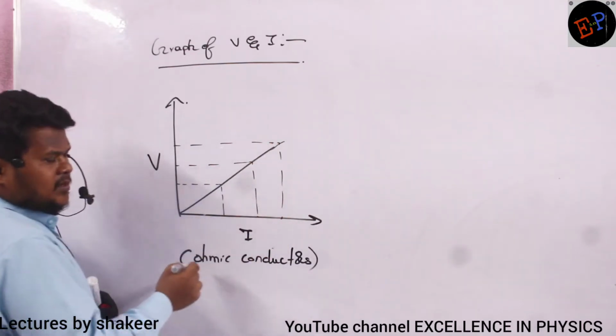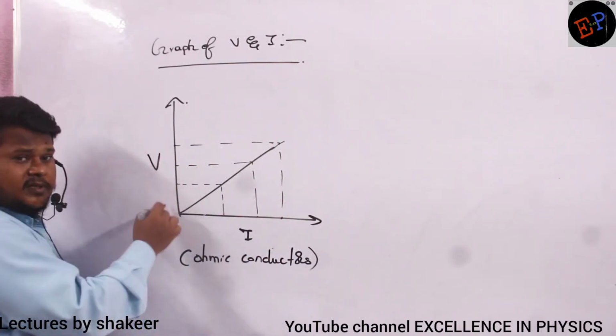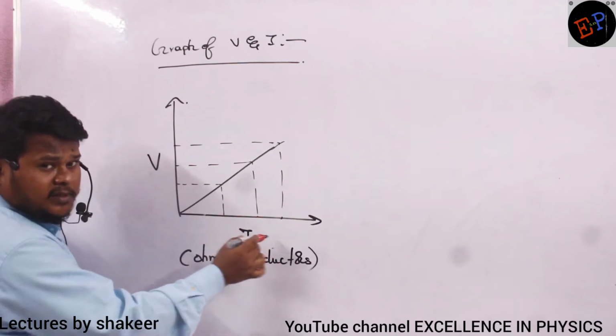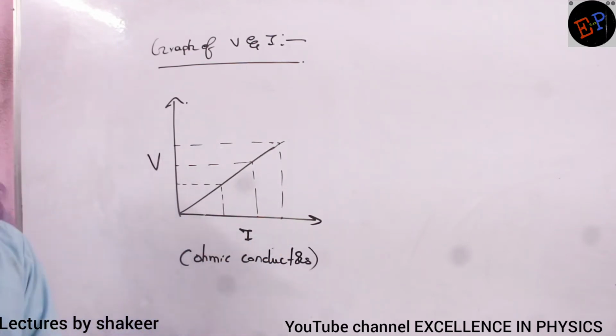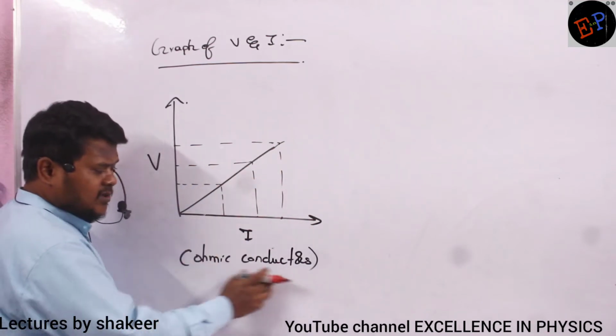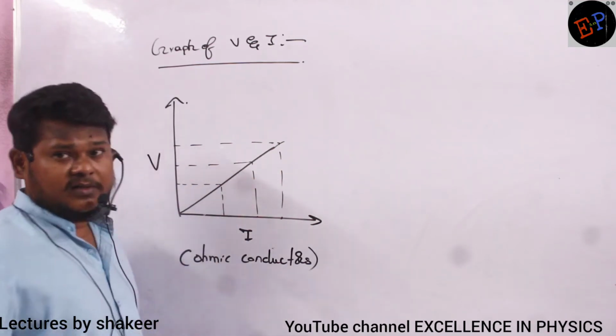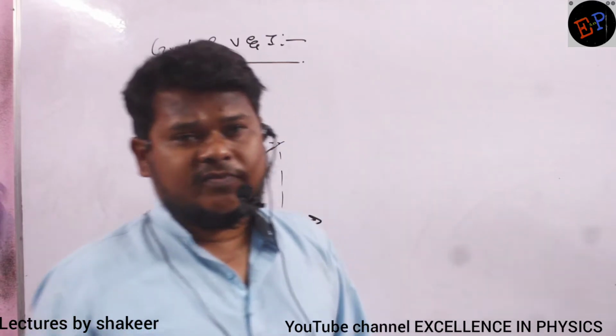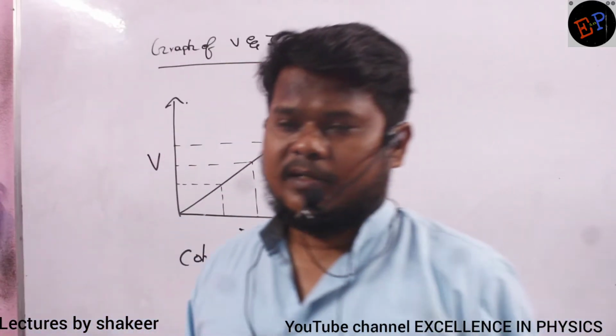If the potential difference increases, what happens to current? The current flowing in the circuit also will increase. And the graph will be a straight line. For which type of conductors? For ohmic conductors. Ohmic conductors means what?